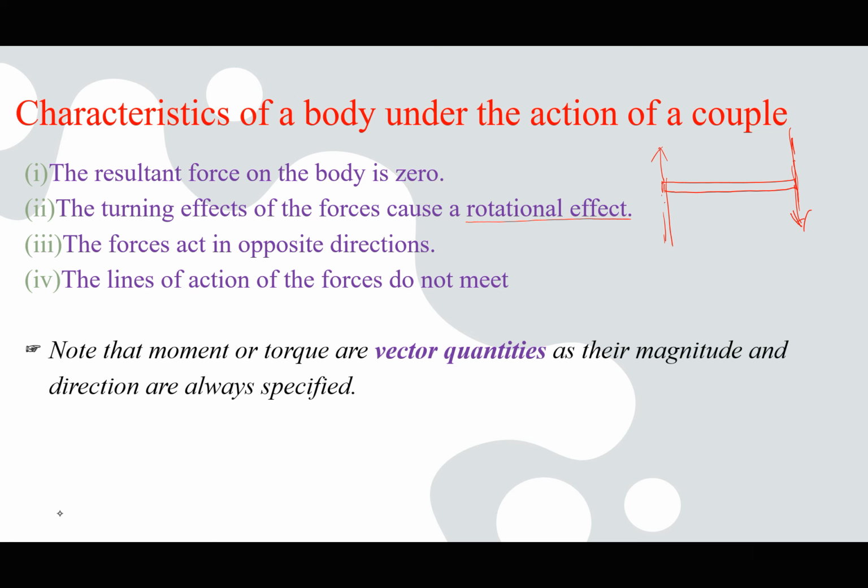Also note that the moment is a vector quantity, one of the vector quantities that we discussed in topic number 1, which is physical quantities and units. So the moment and the torque are vector quantities, as their magnitude and direction are already specified. That's why many times I'll be saying clockwise or anti-clockwise. So every time you deal with moment, think about the direction, although in most cases the direction may not be asked in an exam.